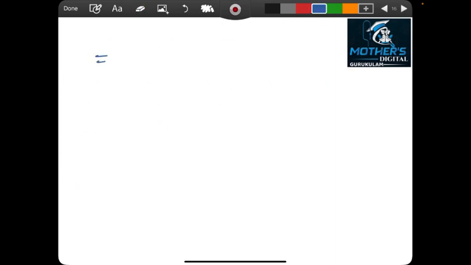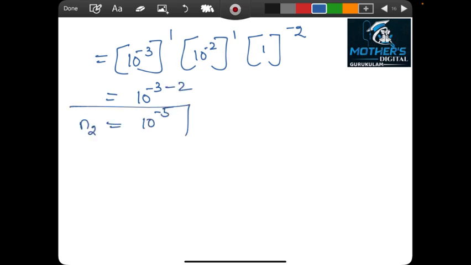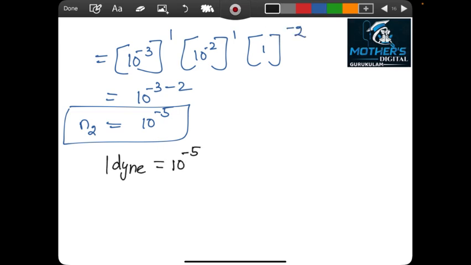Substituting, we get 10 power minus 3 the whole power 1, 10 power minus 2 the whole power 1, 1 whole power minus 2, which is equal to 10 power minus 3 minus 2, so it is 10 power minus 5. So N2 is 10 power minus 5. From my question, I can tell 1 dyne equals 10 power minus 5 Newton.